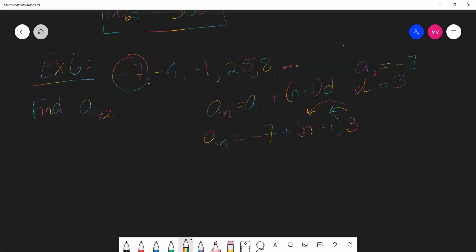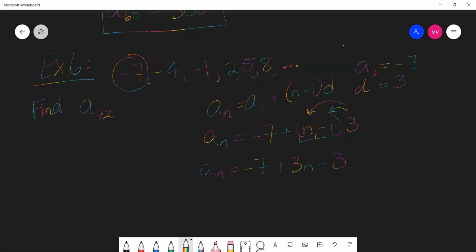So when you distribute, you create the formula A at position n equals -7 plus 3n minus 3. So remember, this is 3 times -1 and 3 times a positive n.